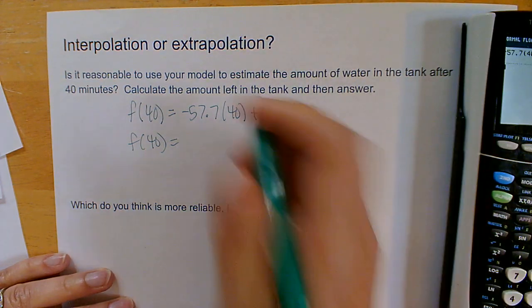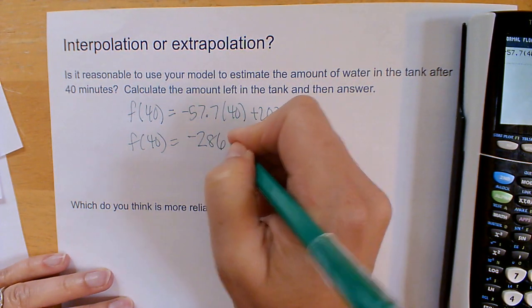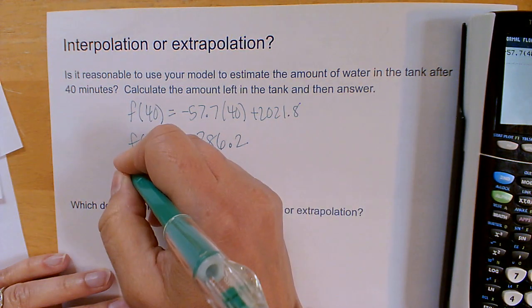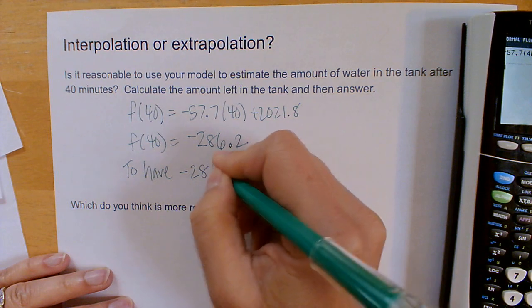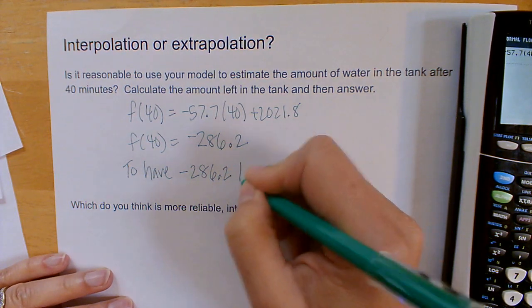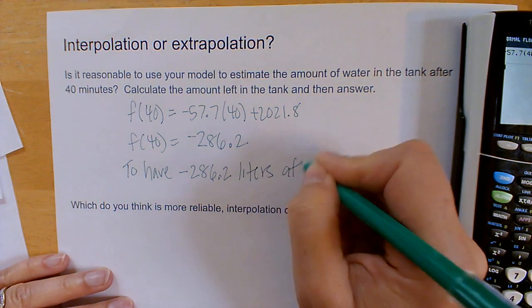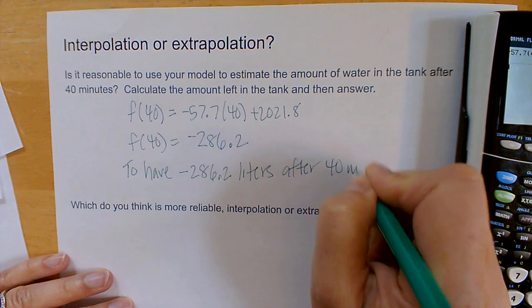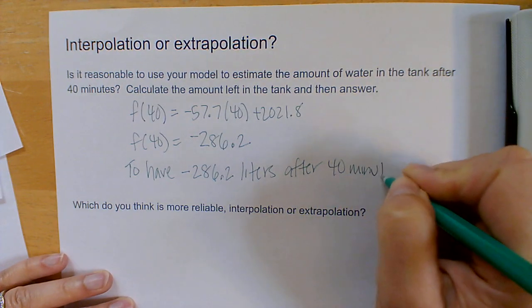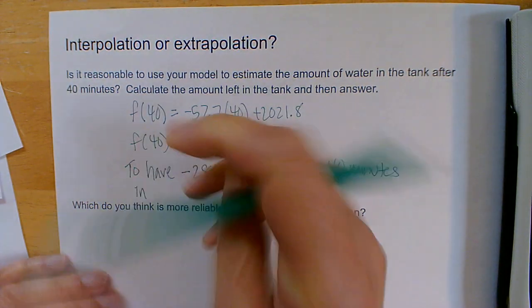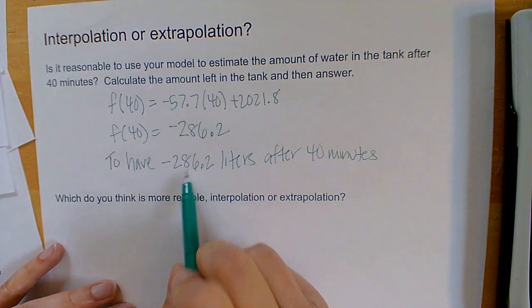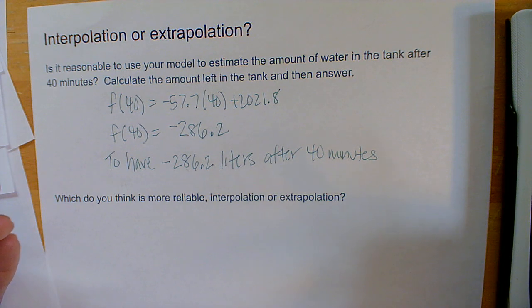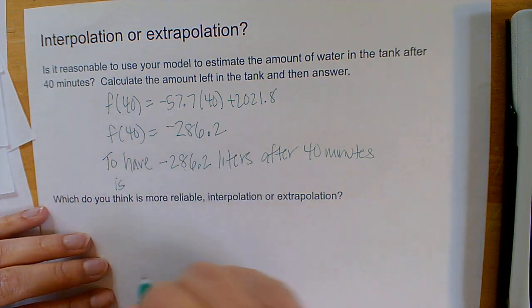Negative 286.2. So to have a negative 286.2 liters after 40 minutes is not reasonable. And the reason why it's not reasonable is, you guessed it, if we run out of water, that's it. It's at 0. So to go below 0 is not reasonable.